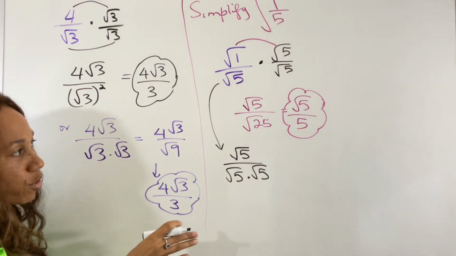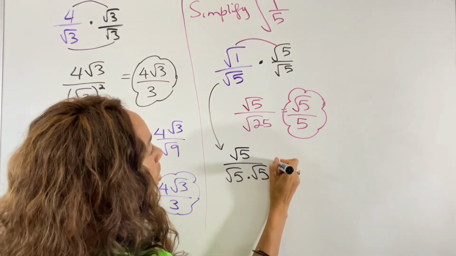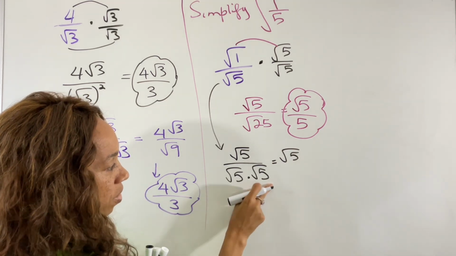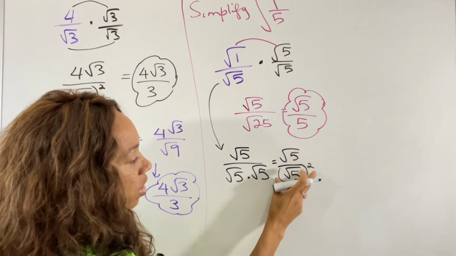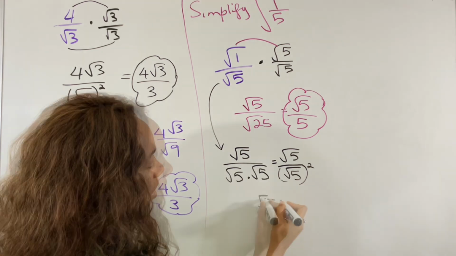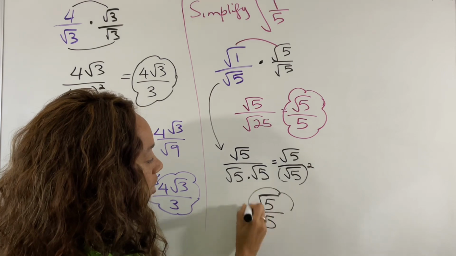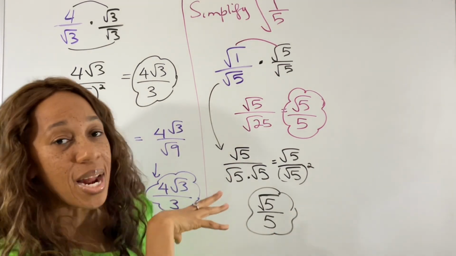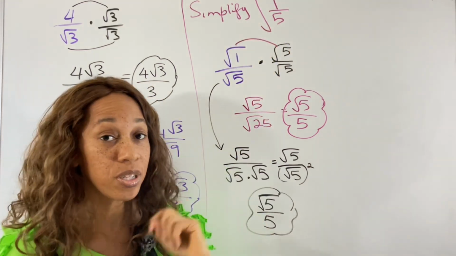In the denominator, the square root can be written as the square root of 5 to the second power, and this cancels out, so you end up with the answer radical 5 over 5. And that's what you get. Now, this all has to do with square roots, because the index here is that invisible 2.